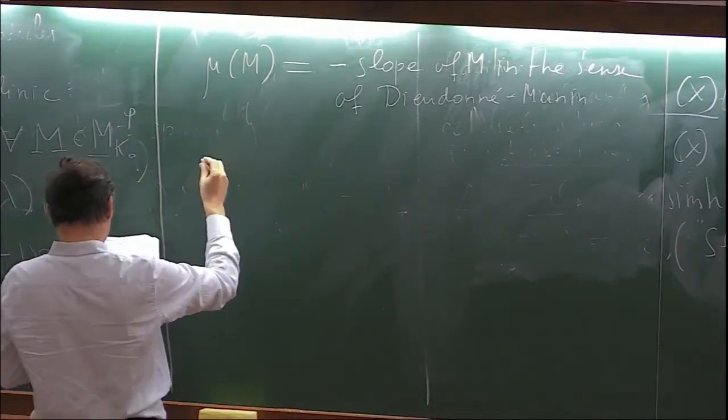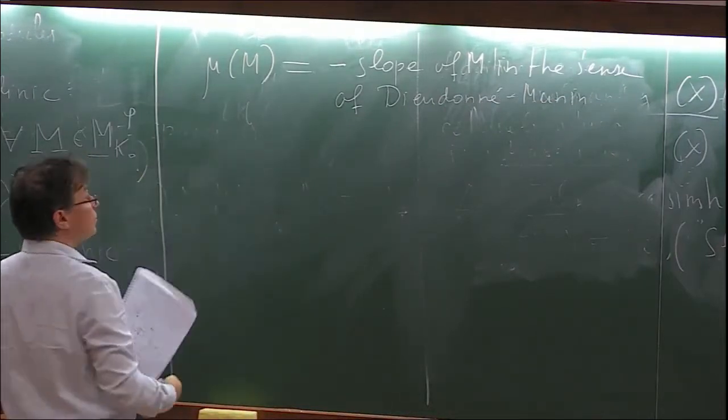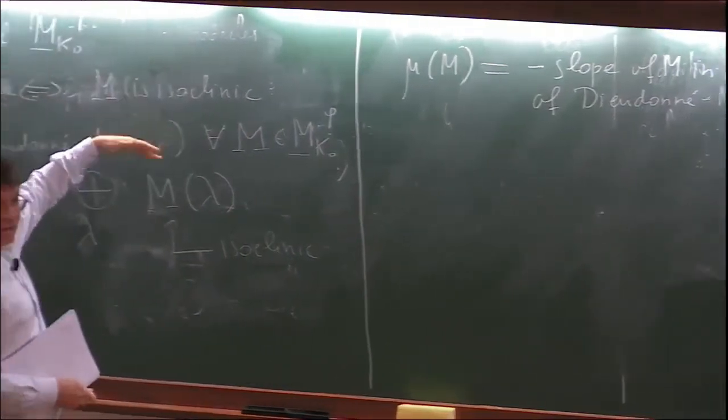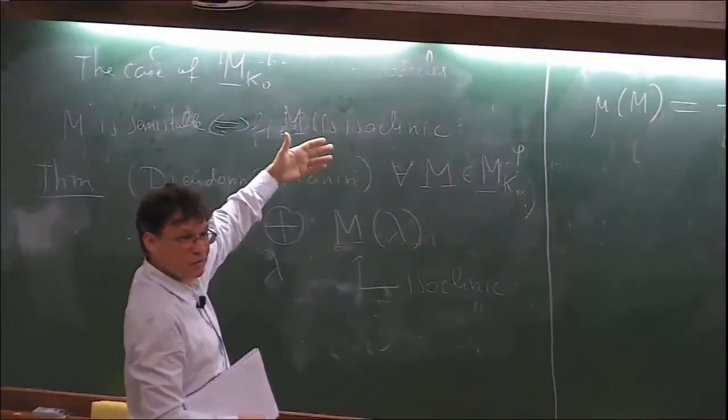Any subobject of an isoclinic object has the same slope.